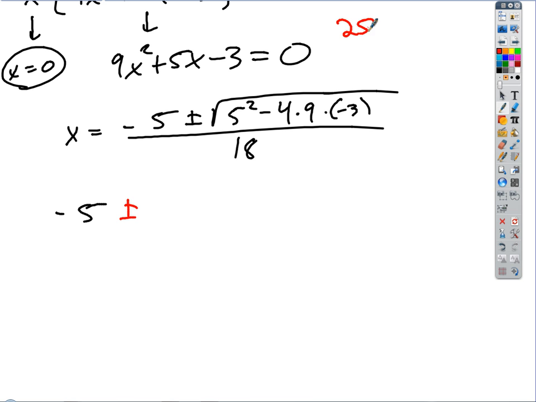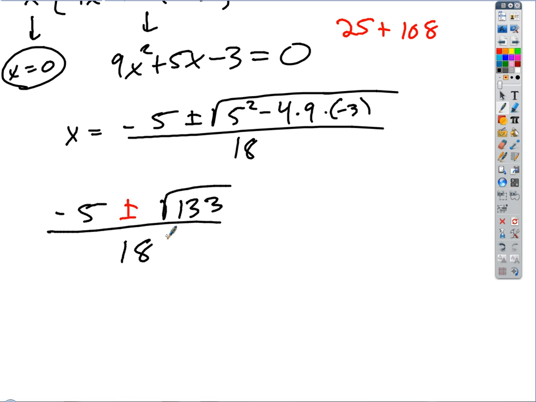But now count the negatives. Minus, I got 2 negatives there, so it's going to be positive, isn't it? Plus 4 times 3 is 12, times 9 is 108. So inside there, I'm just going to get 133, right?